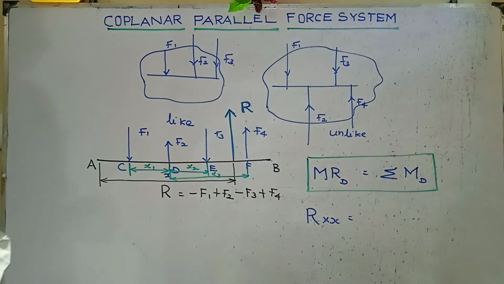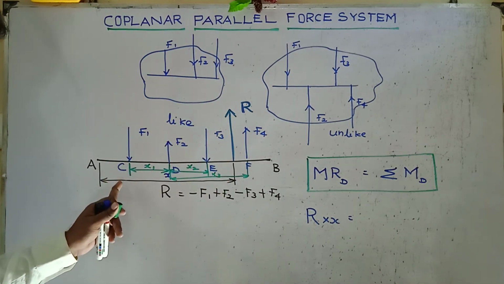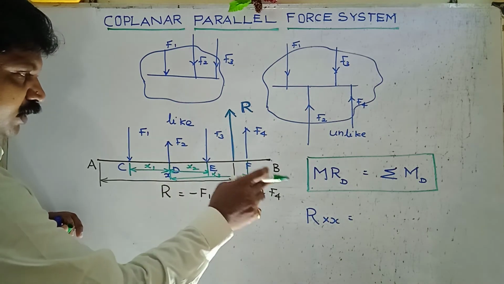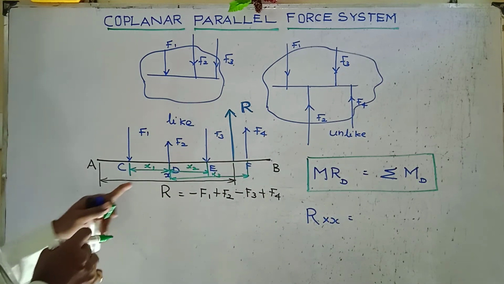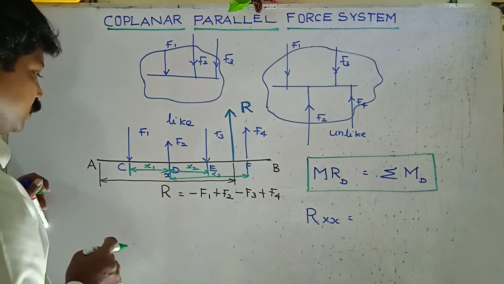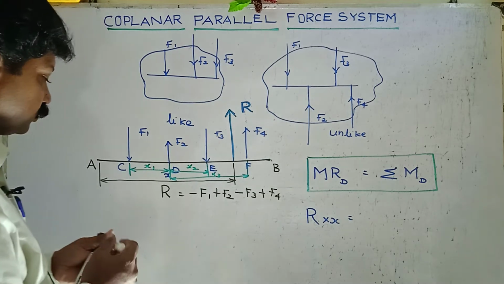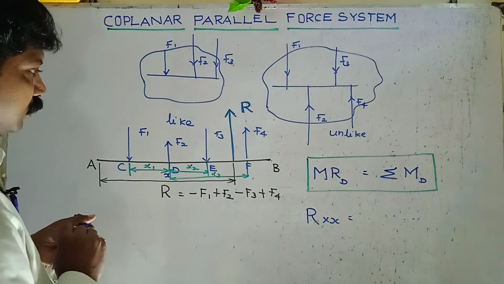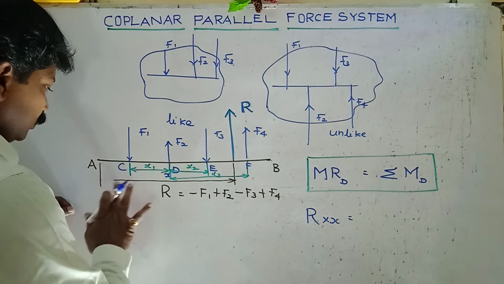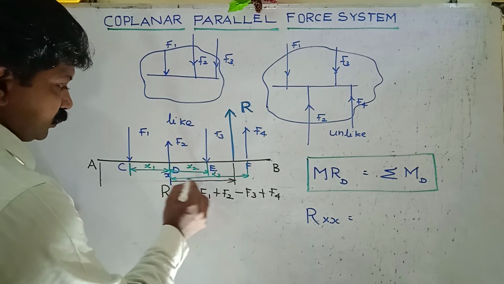Now R into x: you have to take the resultant about the point D. So this distance about point D is x.